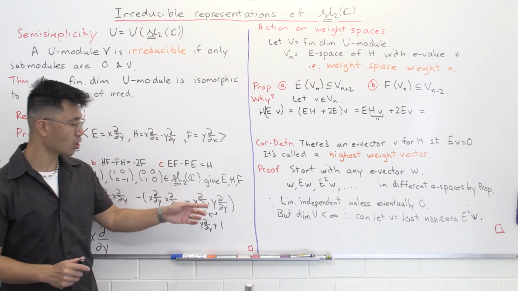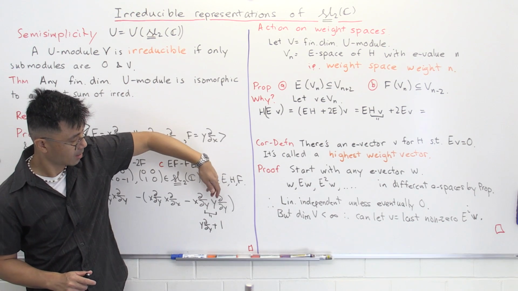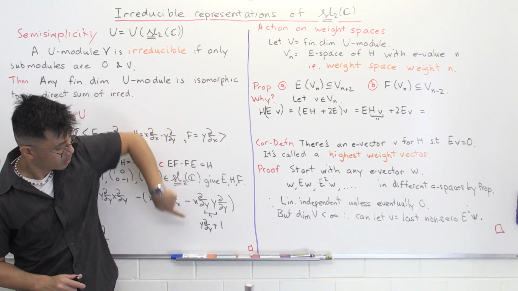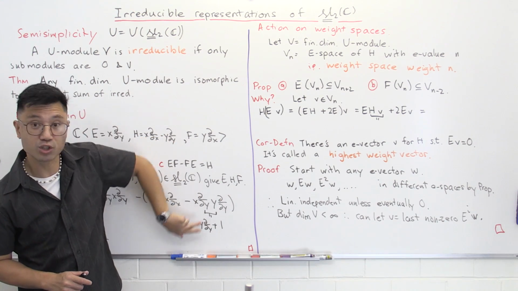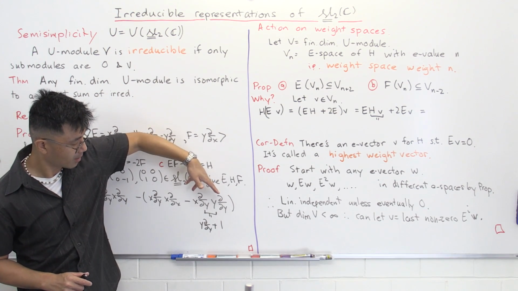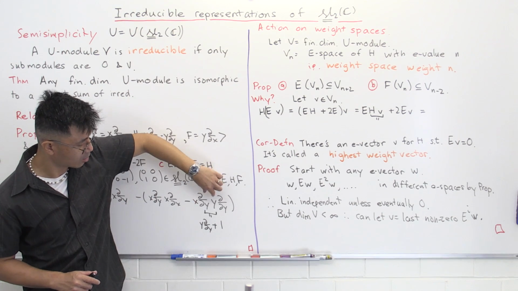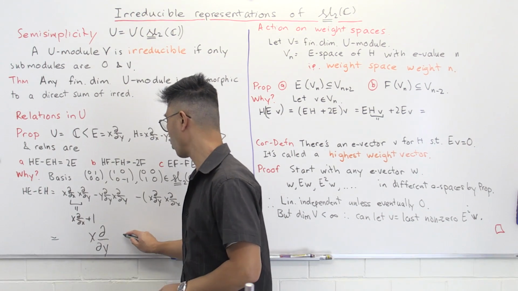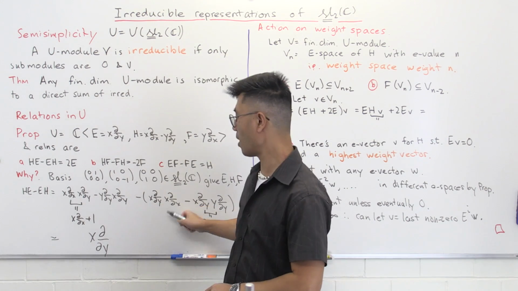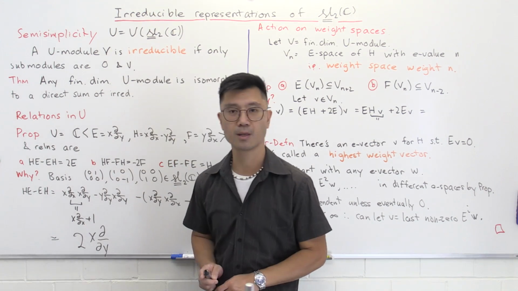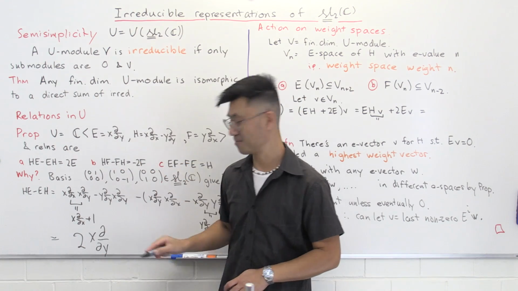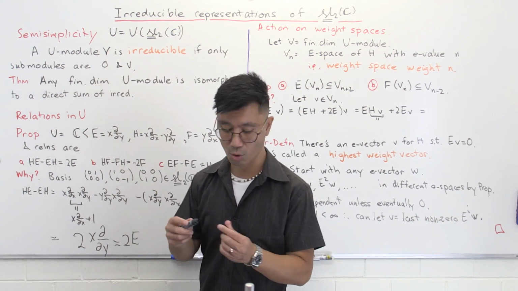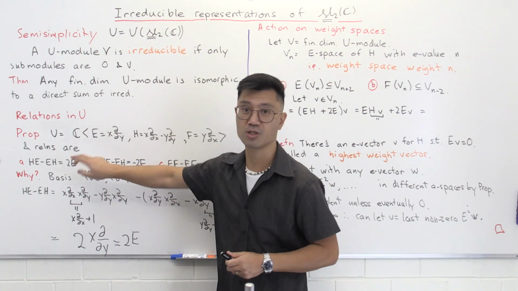You've also got 1 extra term, and that's xy times d squared dy squared from the first term here, so they cancel, and what you have left is the second term where these two become a 1, so you get x d dy. There's an x d dy, so that's a minus x d dy, so you get 2 of them, and this x d dy was just E. So we see very easily from this computation that we get the desired relation here.